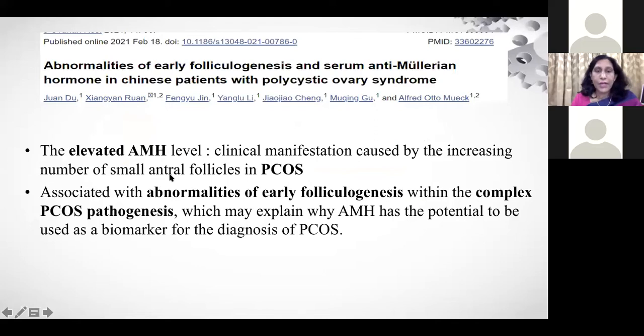In conditions like PCOS, where the AMH level is very high, it is seen to be associated with abnormalities of early folliculogenesis within the complex PCOS pathogenesis.